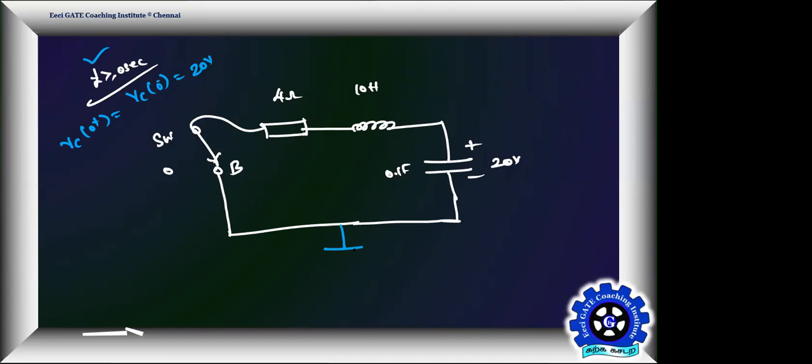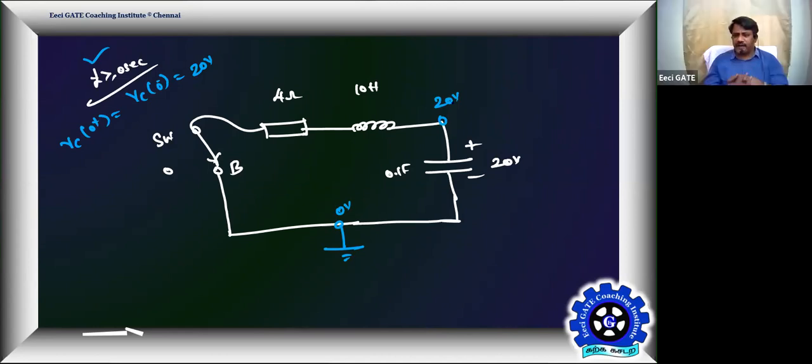Take this as the reference, 0 volt, and this is 20 volt. The capacitor is acting as a battery of 20 volt, therefore it is going to deliver the current in this direction. That's the correct direction marking.